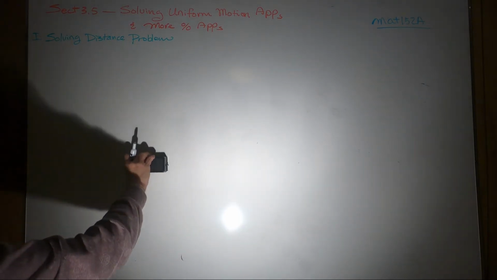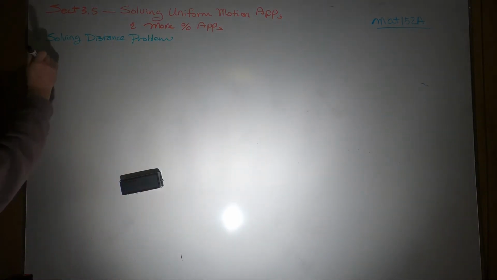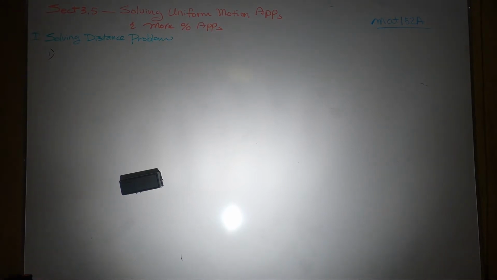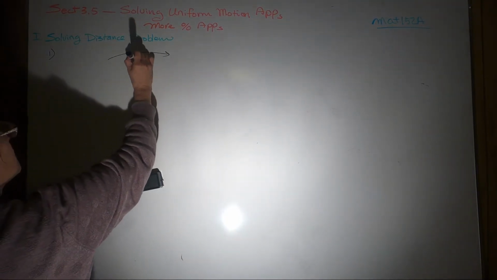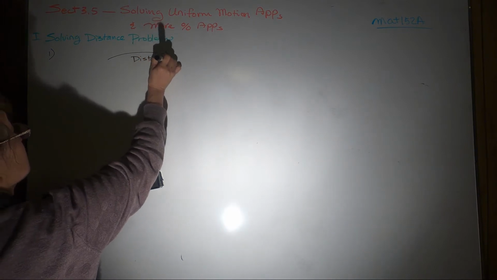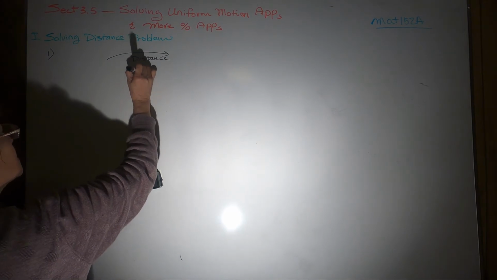First, let's do the uniform motions. So it means what? Driving things, right? So we have to calculate for driving. What are we usually concerned about? How far you have to go. That's called what? Distance, right? Then also, what's your speed?